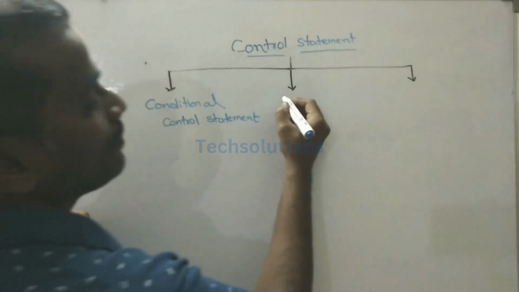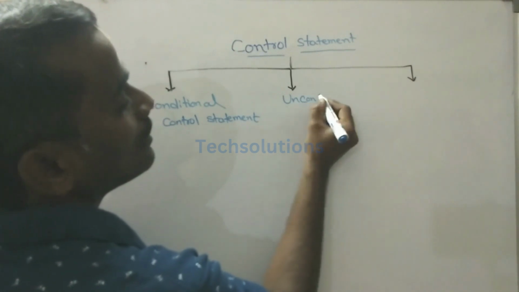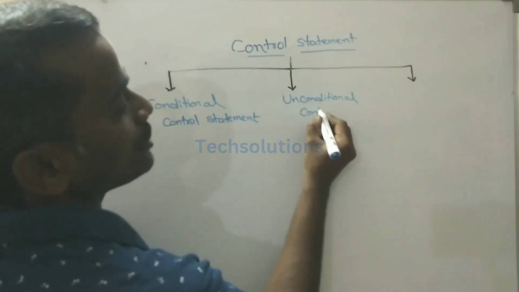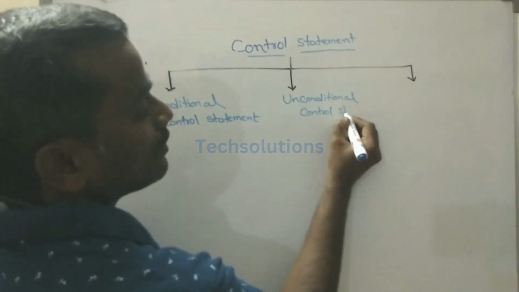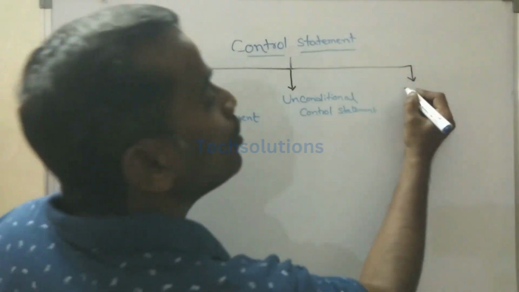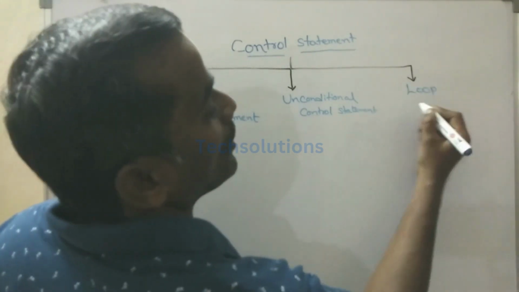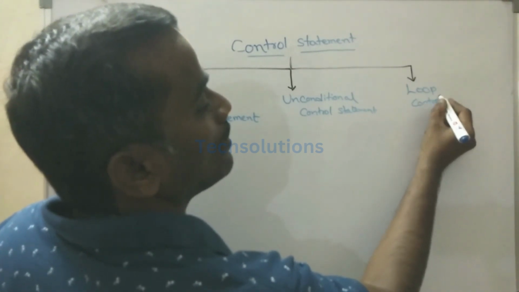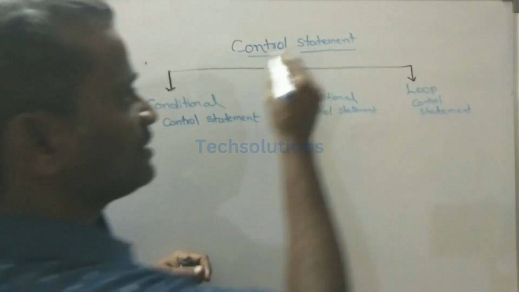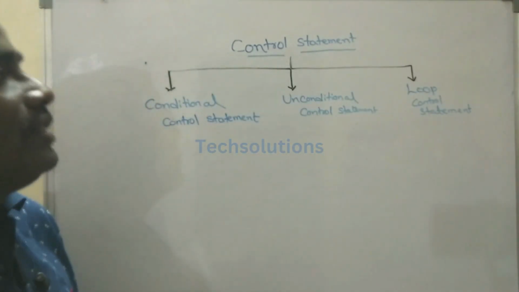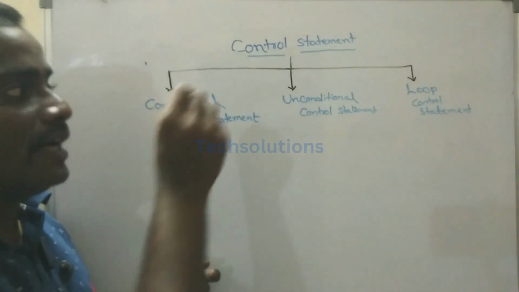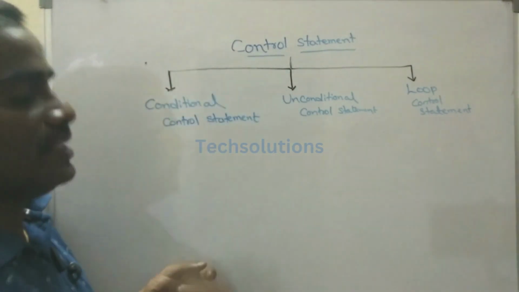Second one, unconditional control statements. And the third one is looping statements, or loop control statements. What is meant by control statement? We can control the flow of execution. You control when a particular block of statements is to be executed, depending on the conditions. That's why it's called control statements.